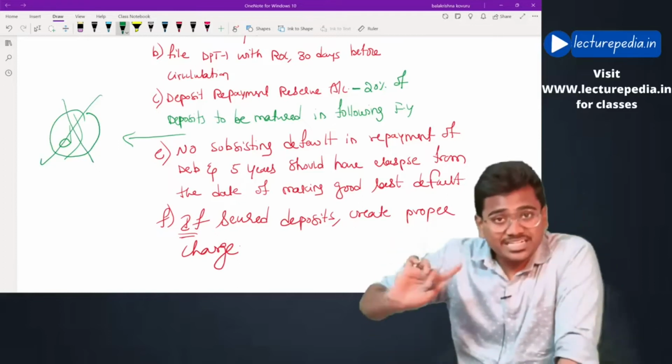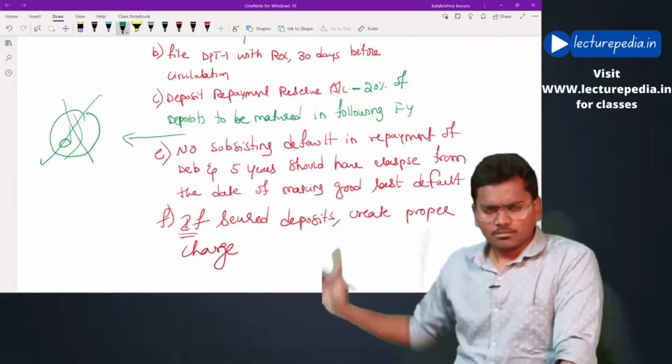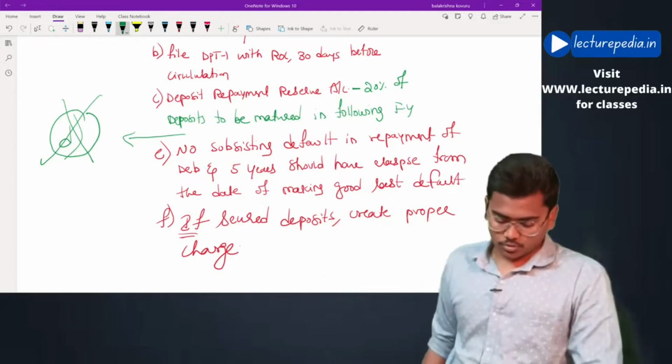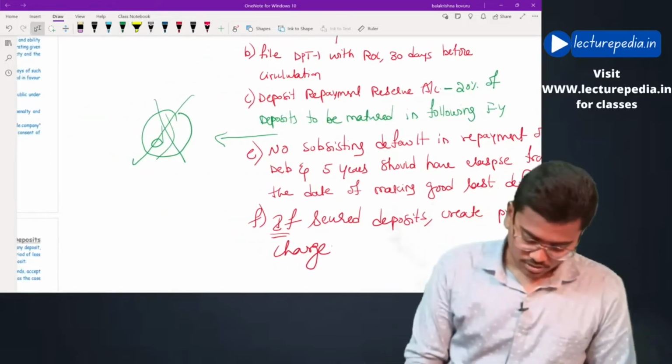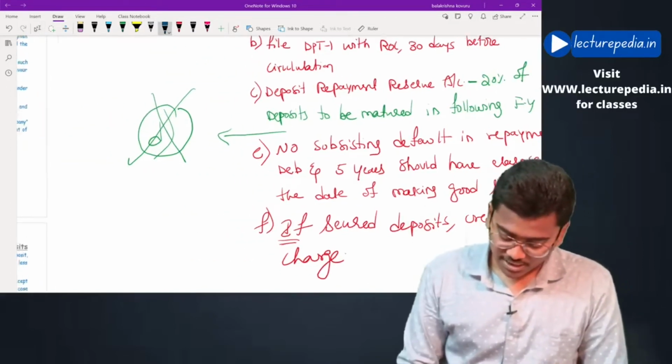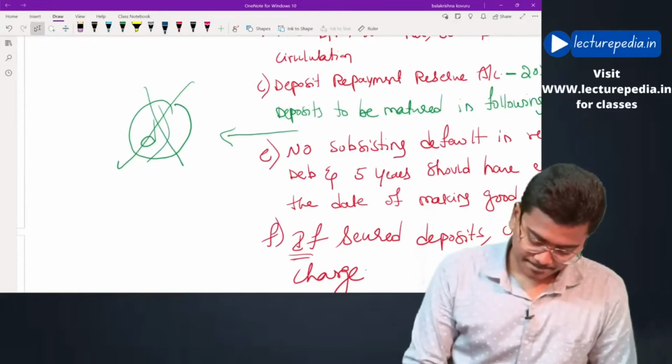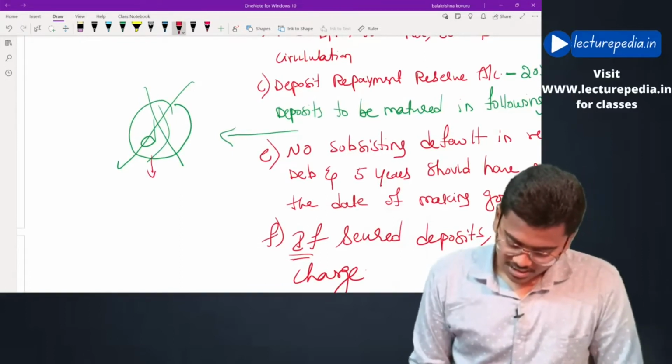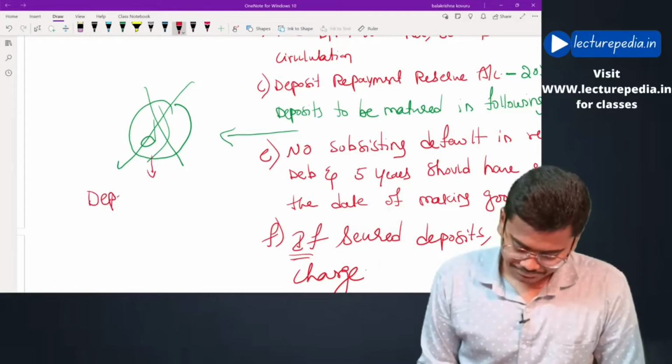It has been deleted in the Bare Act itself. Basically this D point was a condition related to deposit insurance.